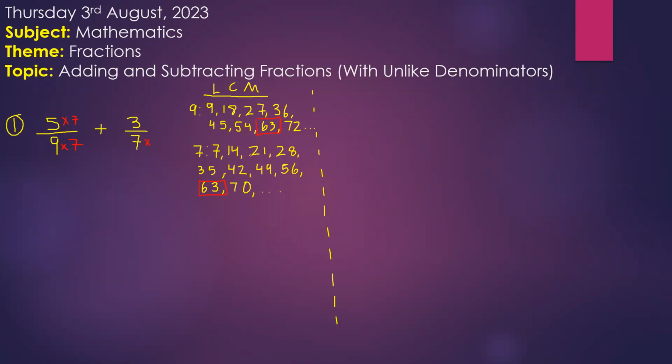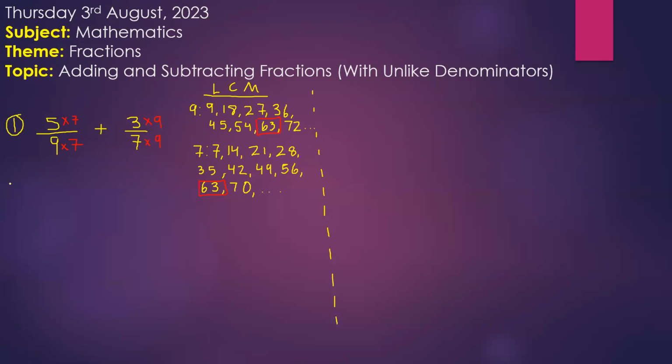Erica, what times 7 is 63? 9. So 9. Whatever we do to the top, we do to the bottom. Whatever we do to the bottom, we do to the top.